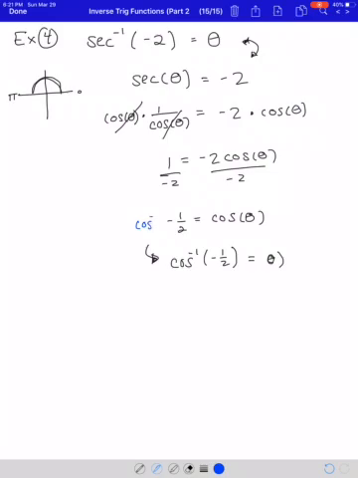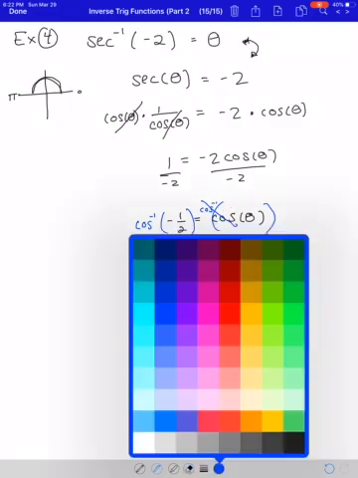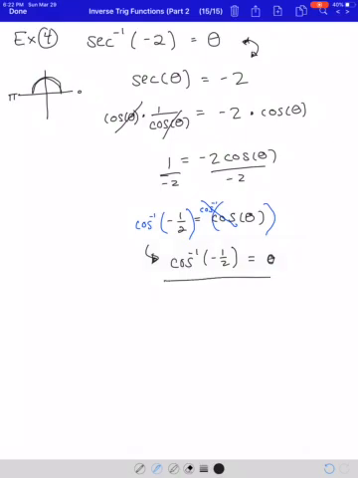We took cosine inverse of this side and cosine inverse of this side. Since cosine inverse and cosine are inverses, they just cancel. And so what we end up with is cosine inverse of -1/2 is equal to theta.